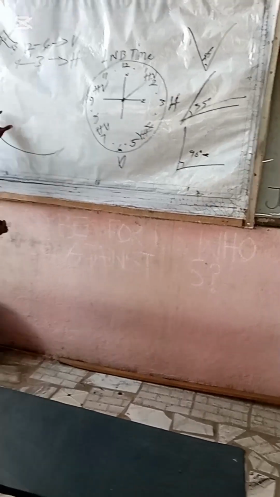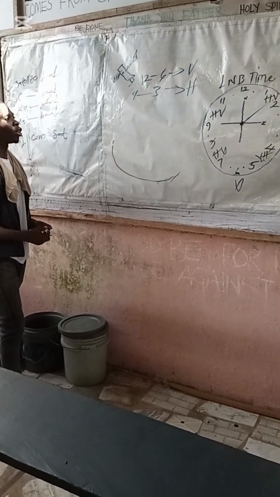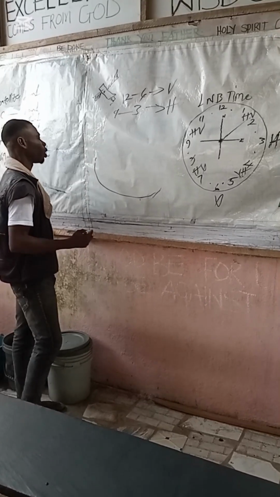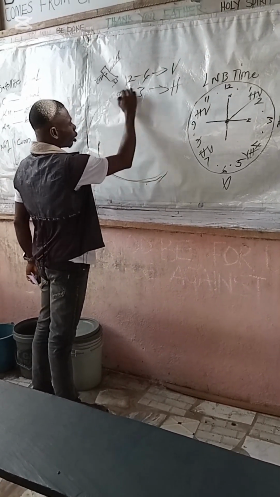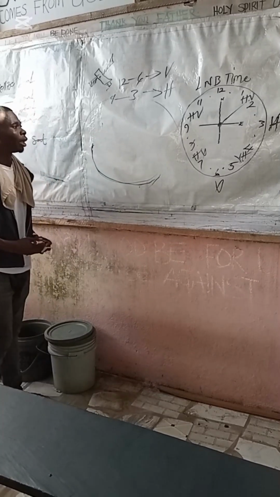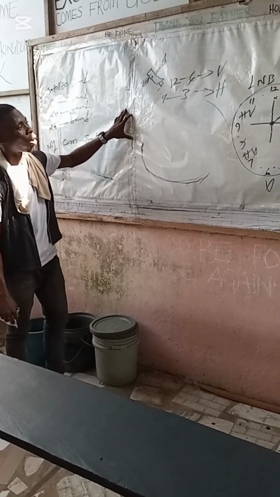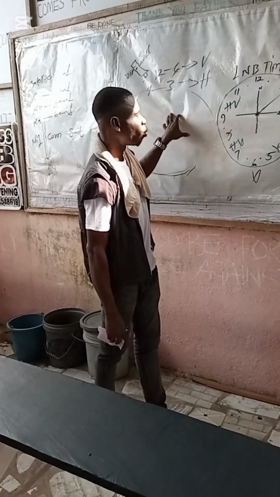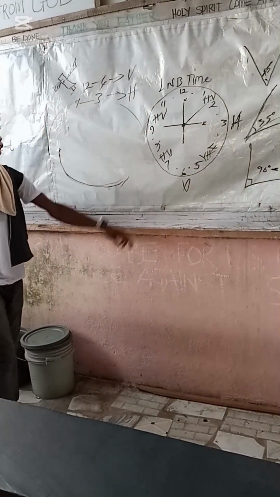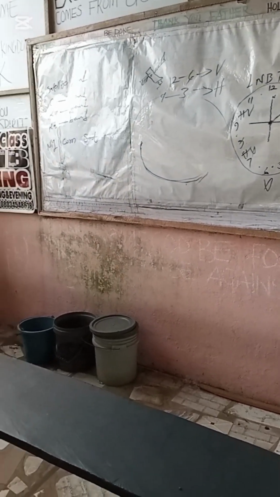A C band is a parabolic dish. The word parabolic comes from physics. When you are doing projectiles, when a stone is flying, it moves in a parabolic form. That is a C band satellite, and it always has a geostationary orbit, where you find HV, horizontal and vertical.